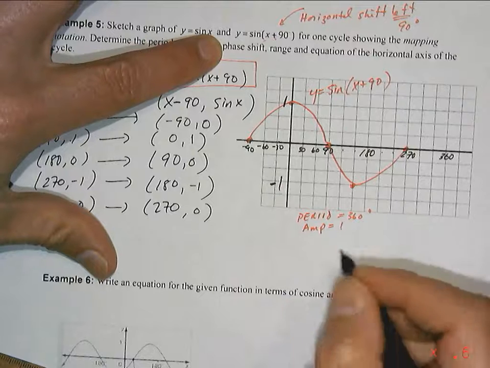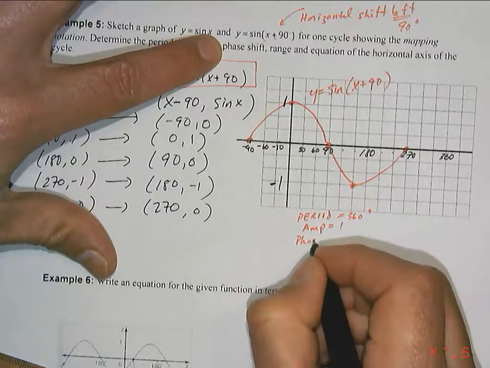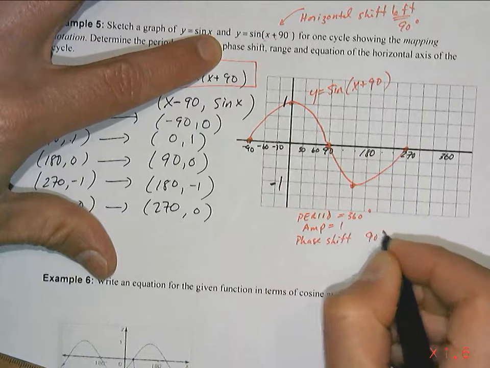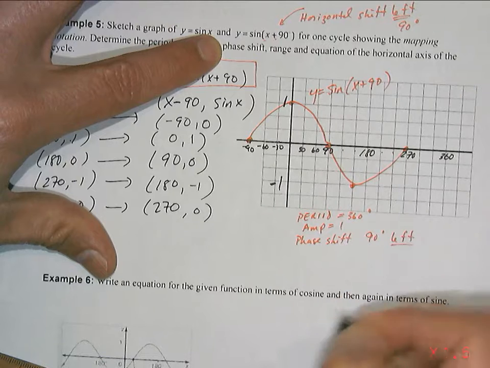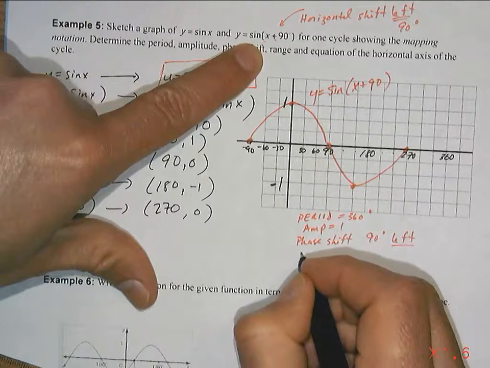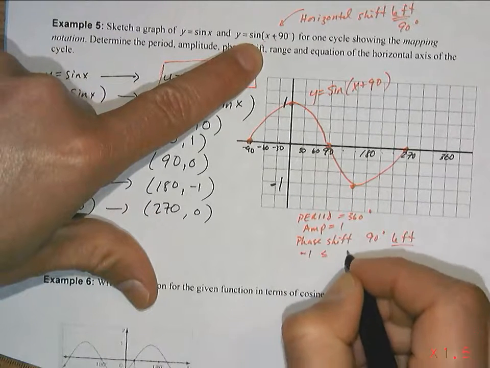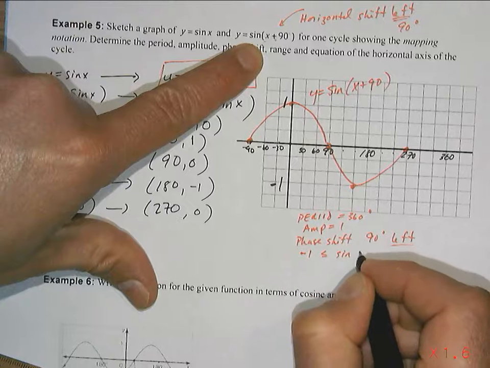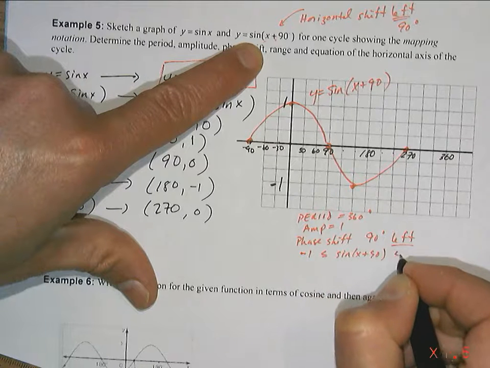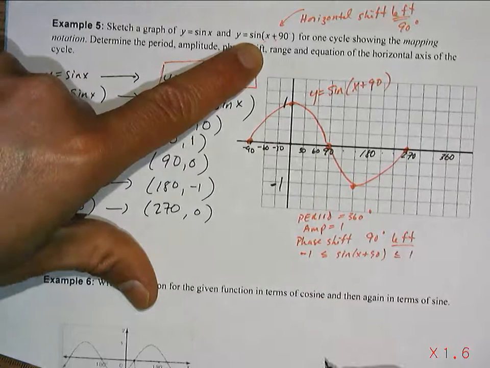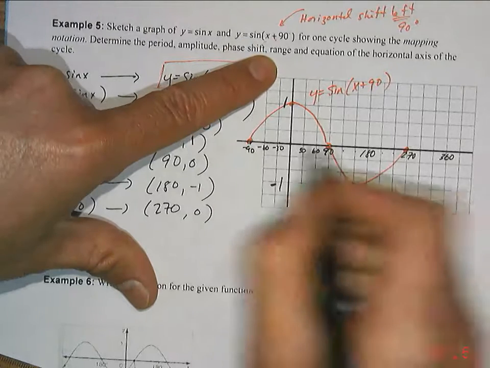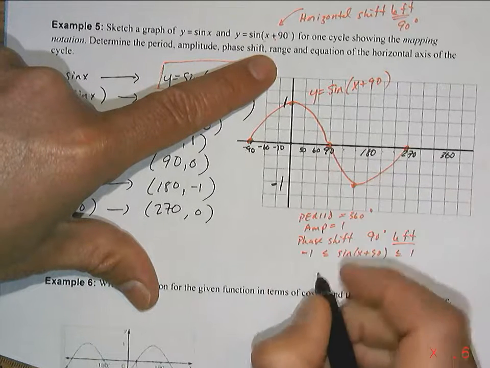Phase shift is 90 degrees left. Range. Well, it has a minimum value of -1. And it has a maximum value of 1. And the equation of the horizontal axis is right there. That's the horizontal axis for this curve.